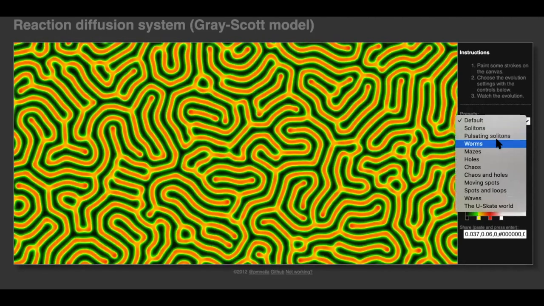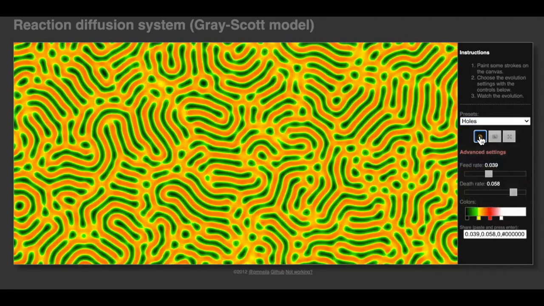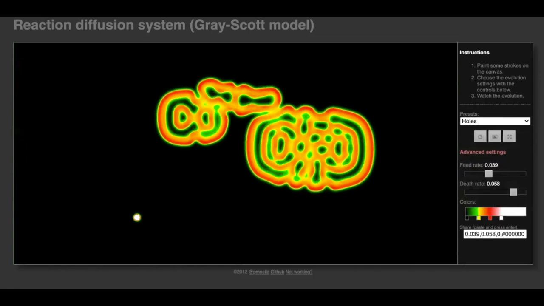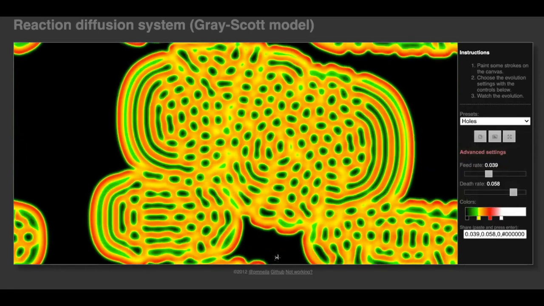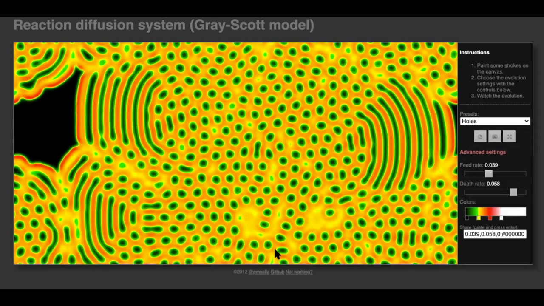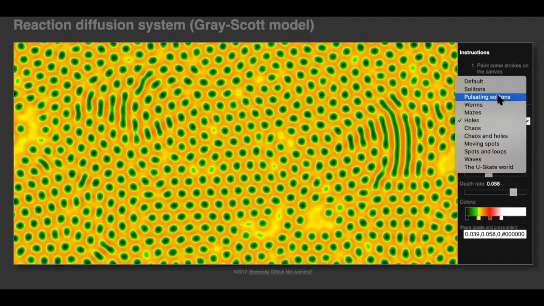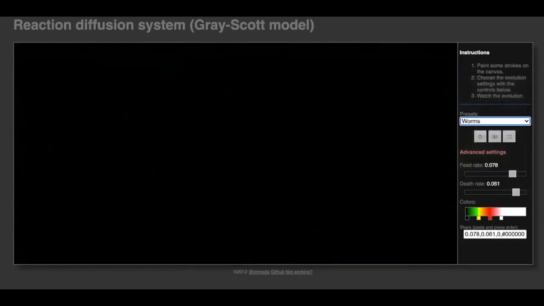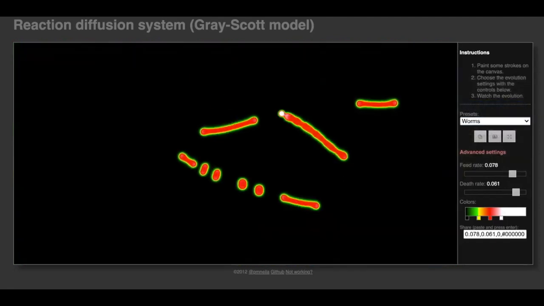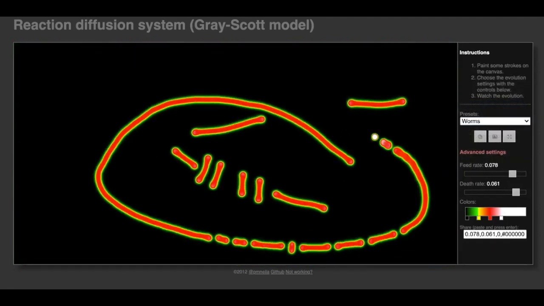Let's look at another one. Holes. Okay, so now instead of spots, we have holes and stripes. These are worm-like structures.